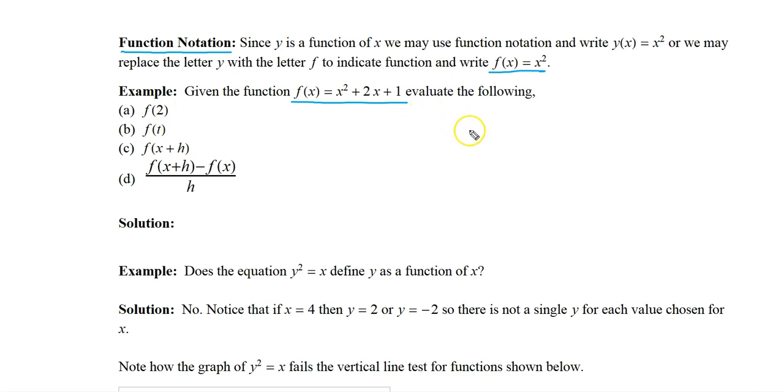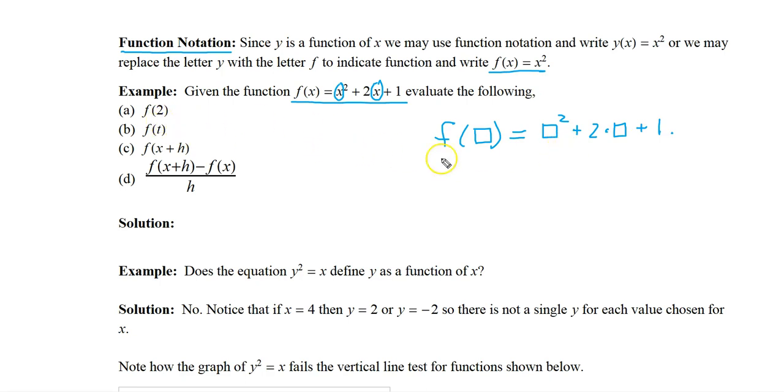Anytime you're dealing with function notation, no matter what's inside the parentheses, even if it's something like a box, anything inside the parentheses gets placed in for each x that appears in your function definition. So for example, in this case, f of a box would be the box squared plus 2 times the box plus 1. It doesn't matter what's inside those parentheses.